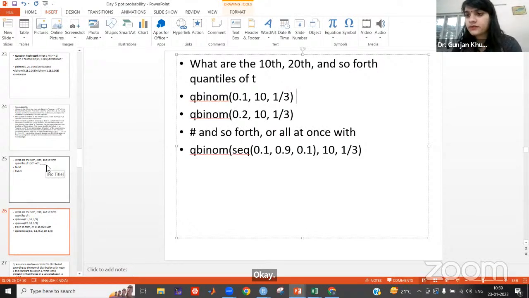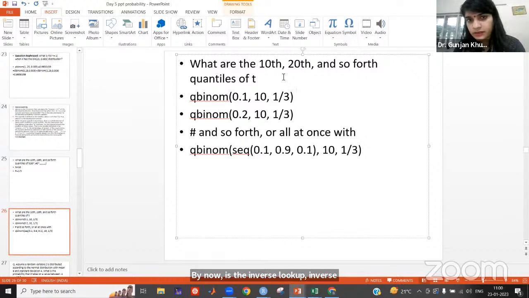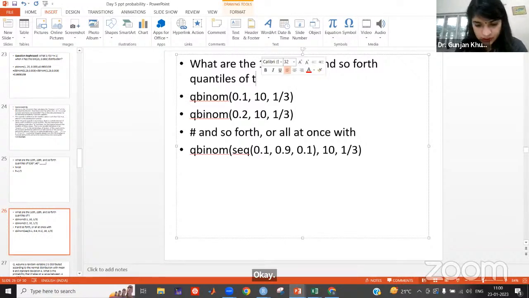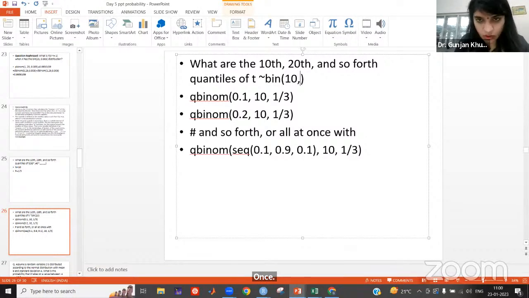Q binom is the inverse lookup, the inverse of the CDF. So I take this question of calculating the 10th, 20th and so forth quantiles of a distribution T, where T follows binom with n, comma 1 by 3.